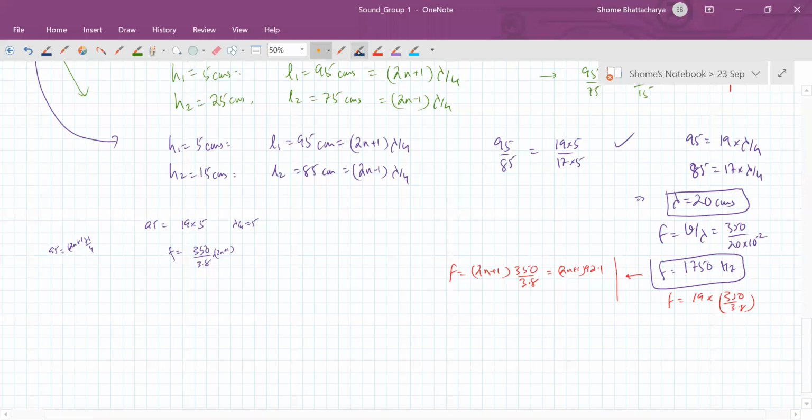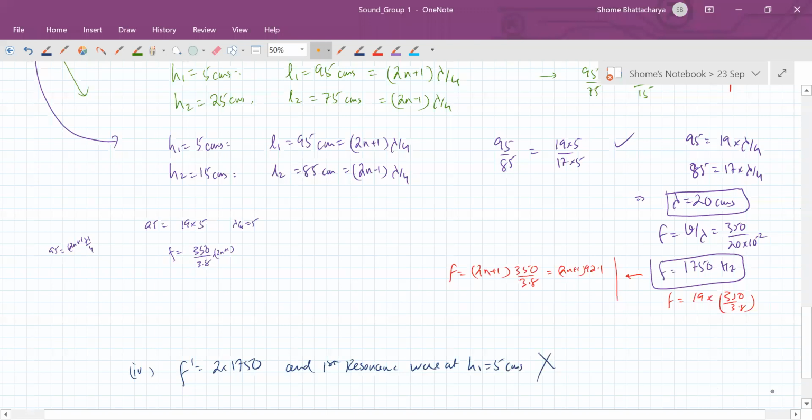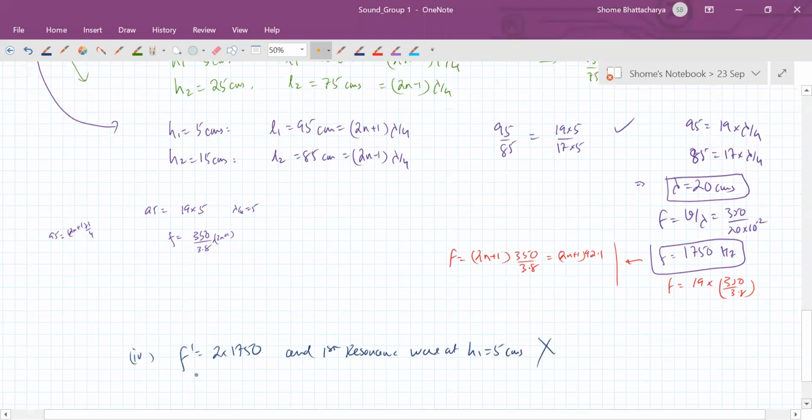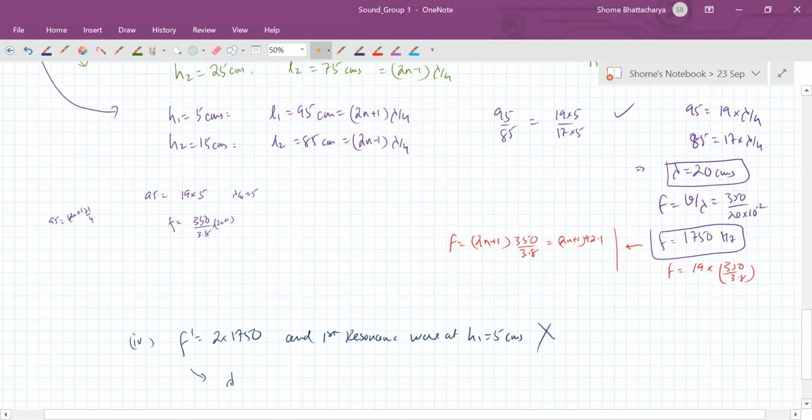Okay, but in the fourth part, if the frequency of the tuning fork is double of 1750 and the first resonance were to occur at 5 centimeters, you see this is not possible. Because if frequency is doubled, wavelength is halved, so it should be 10 centimeters.